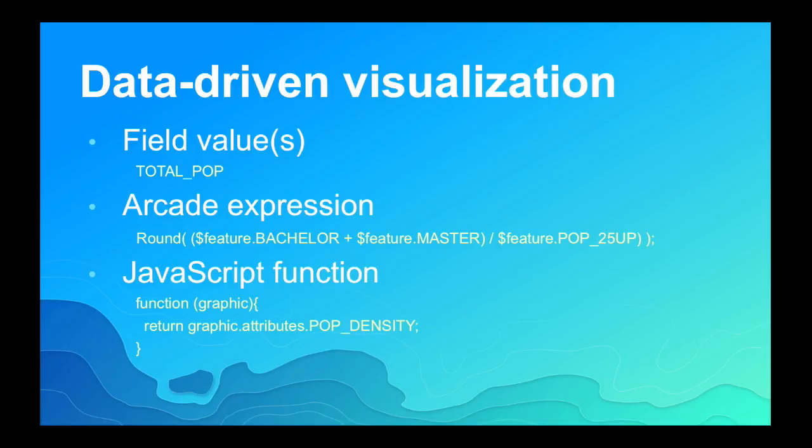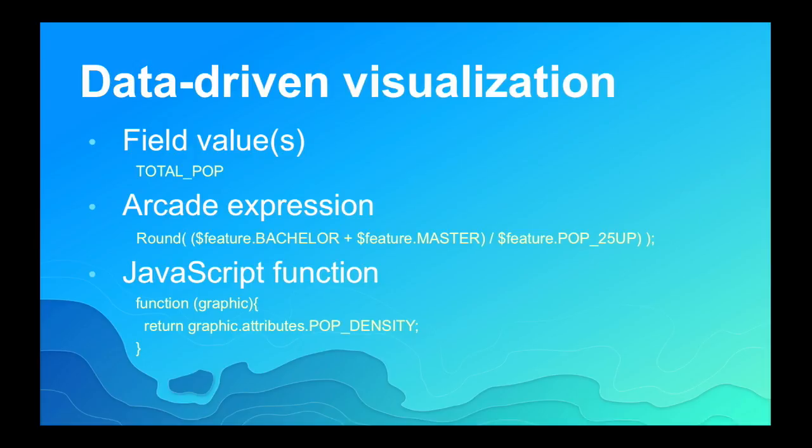So it's a really powerful way to drive your data. So you could do something like this, where you want to show people with advanced education, perhaps it's the population, rounded to a certain decimal point. And so you can do that with your arcade expression. You don't need to create a new field in your service and recalculate it if you don't have to, though that may be a better option in some cases.